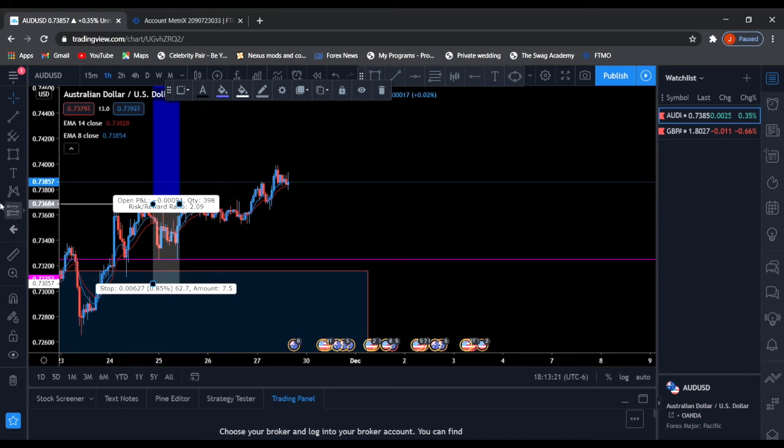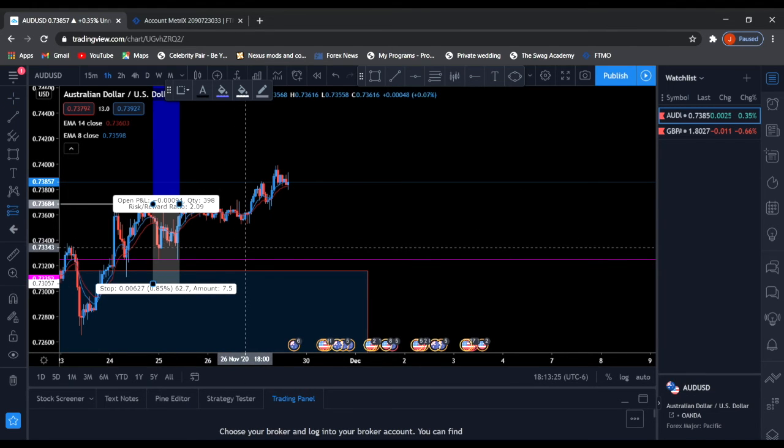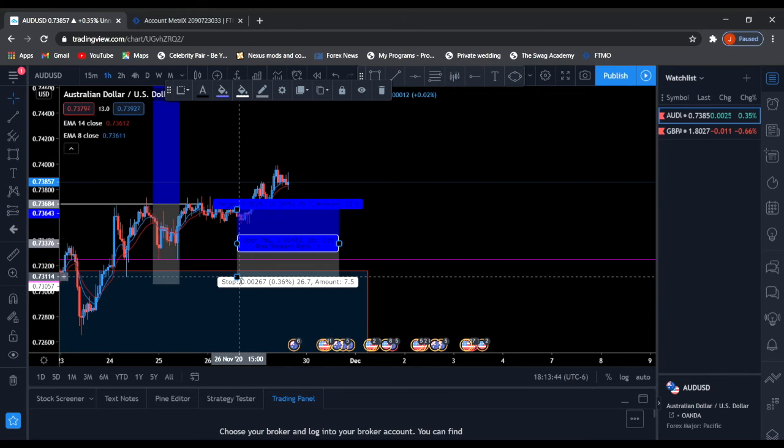Because I really thought it was finna shoot all the way up, because GA and AU are negatively correlated, so they move the exact opposite of each other. So when GA is going down, more times than not, AU is going to shoot up. So I was really confident in both of these trades.